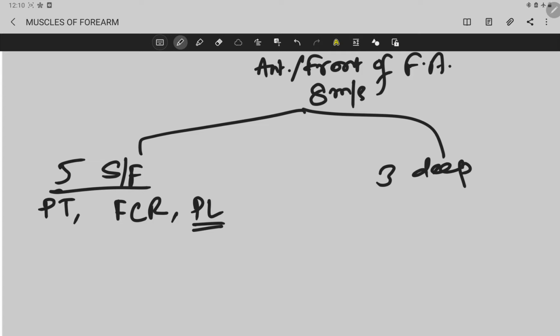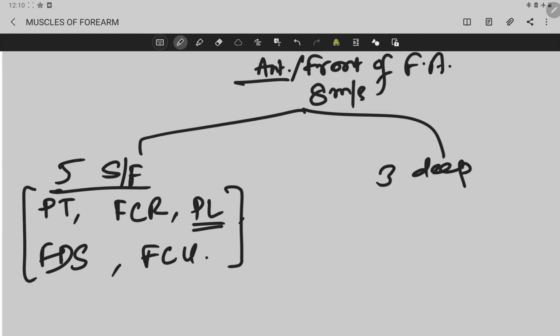Next is your flexor digitorum superficialis. And the last one is your flexor carpi ulnaris. These are the five superficial muscles of the anterior compartment of the forearm.